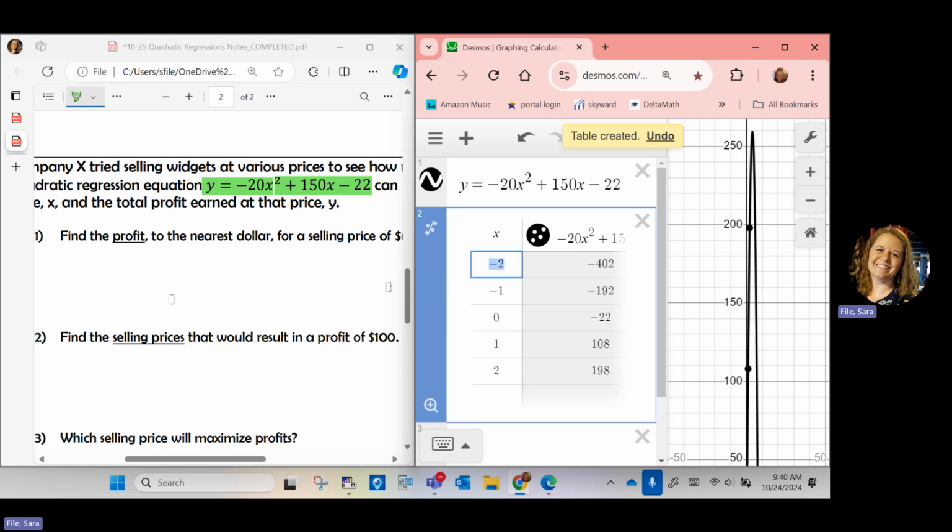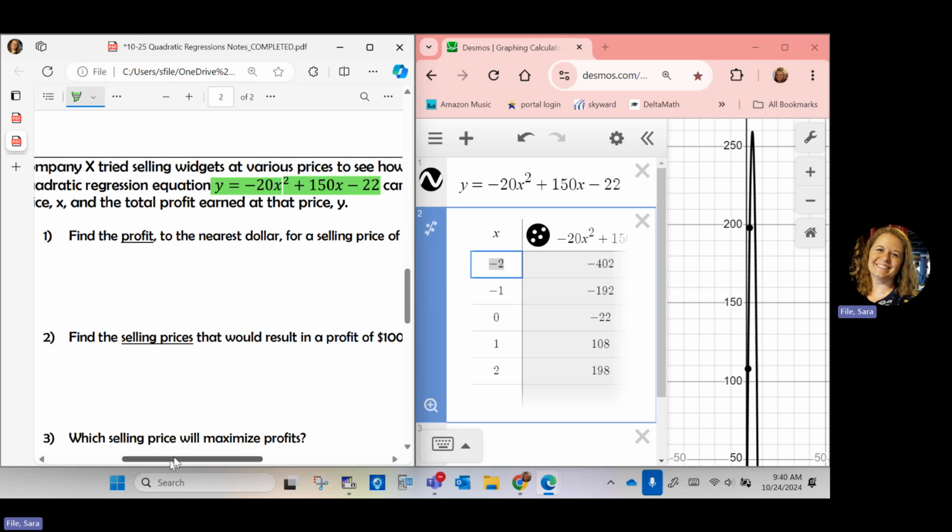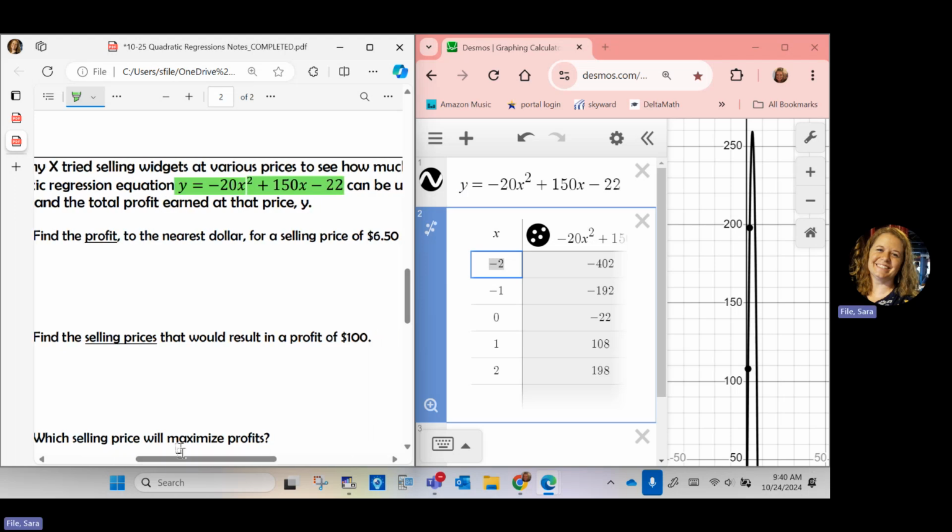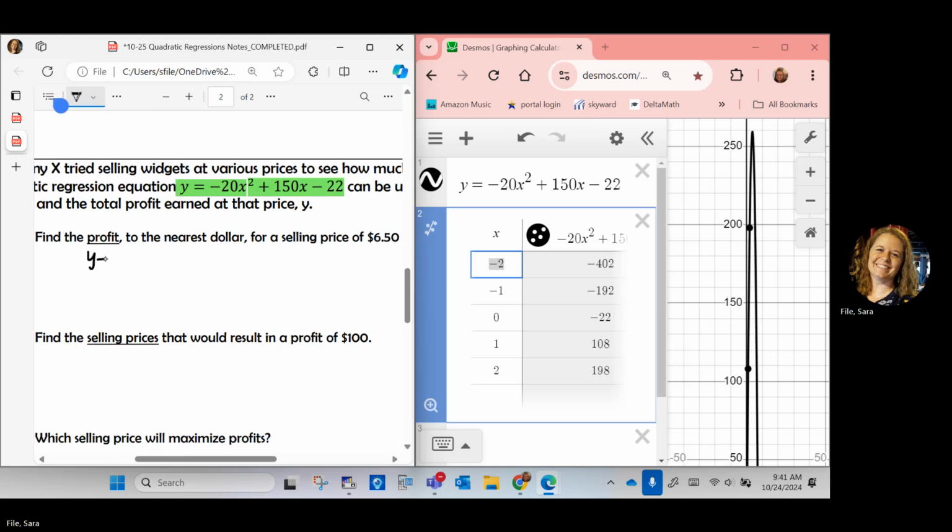The first question says, find the profit to the nearest dollar for a selling price of $6.50. Okay, so first of all, we have to remember what's X and what's Y. The profit is Y. So they're asking, what is Y when the selling price, X, is $6.50?